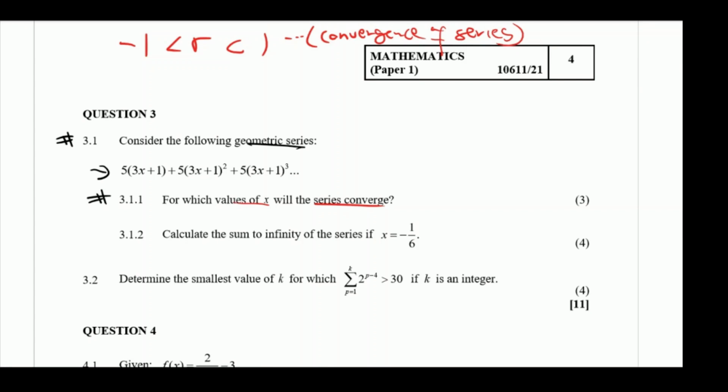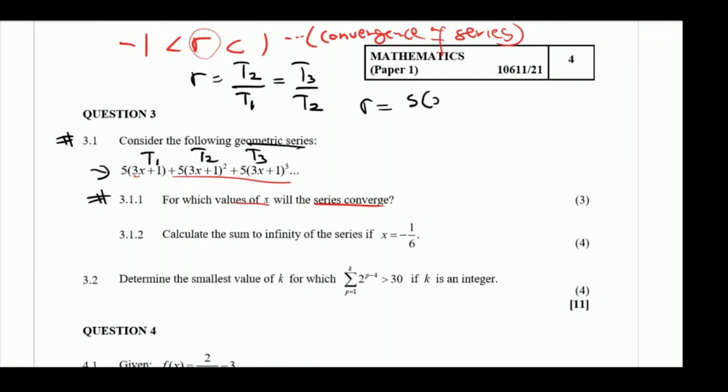So for us to prove this convergence, we must find R in this geometric series. To find R, we know R equals term number 2 divided by term number 1, which equals term number 3 divided by term number 2. So this is term number 1, this is term number 2, this is term number 3, right? So R is equal to our term number 2, which is 5 into (3x+1) all squared, over our term number 1, which is 5 into (3x+1).